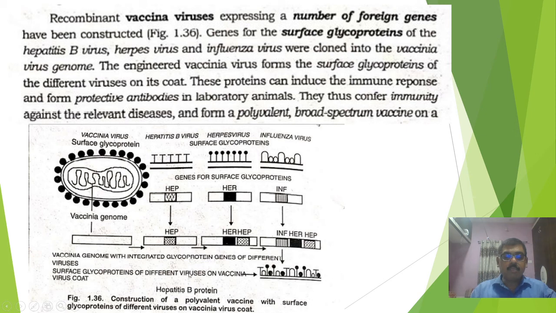So this is a polyvalent vaccine having the surface glycoproteins of different viruses. This is a harmless one, as it has the vaccinia genome, but it will elicit the production of antibodies against the influenza virus, herpes virus, and hepatitis virus.